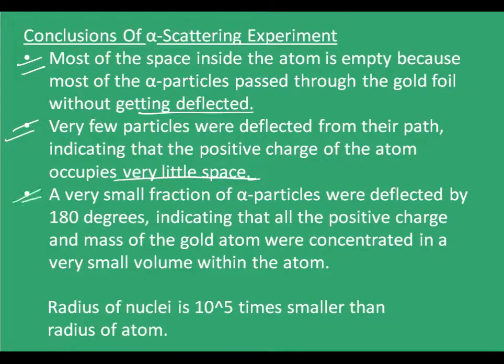And the third point, a very small fraction of alpha particles were deflected by 180 degrees, indicating that all the positive charge and mass of the gold atom were concentrated in a very small volume within the atom. Rutherford calculated that the radius of the nucleus is about 10^5 times smaller than the radius of the atom.